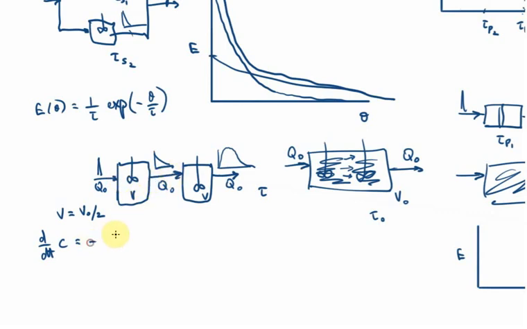So this is minus CQ, and then we have to multiply by volume here, of course. So we can write this as d/dt of C is minus C over tau, where tau is V over Q naught. So this applies to the first tank.